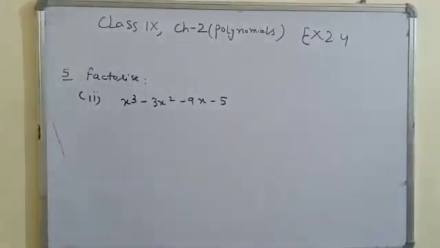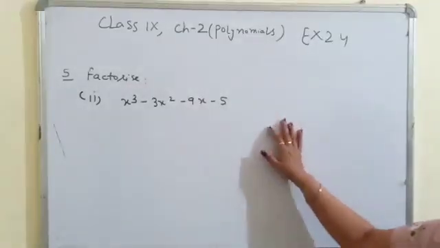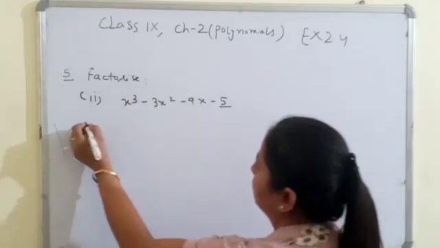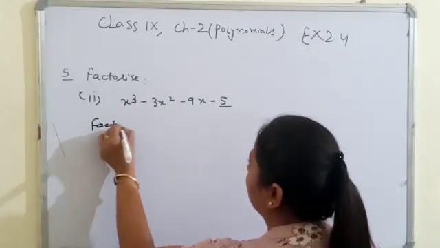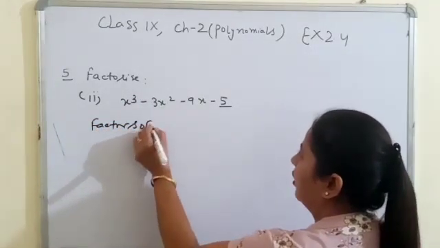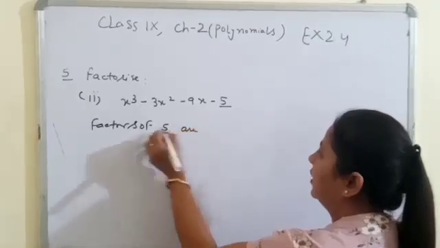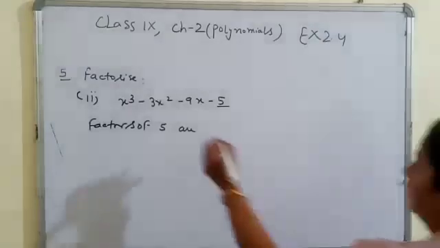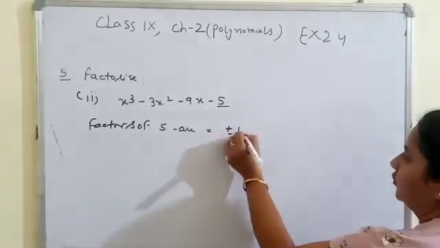Now we shall look for the factors of its constant term, that is minus 5. Factors of minus 5 are plus minus 1.